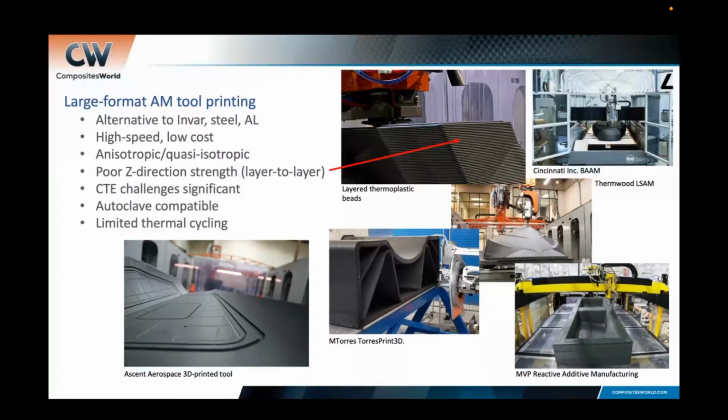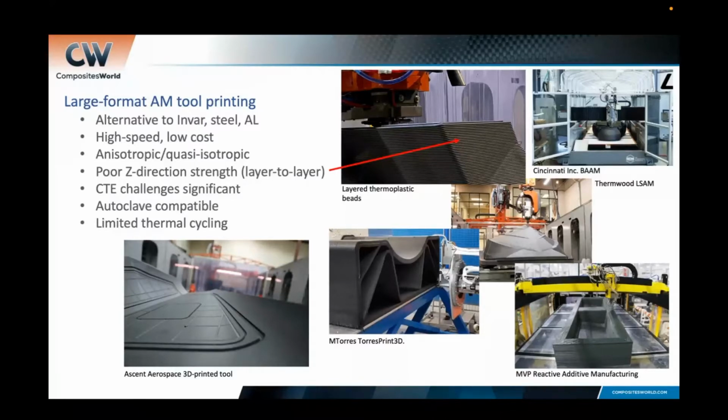It's relatively high speed. It's a low cost system, and the molds produced from this additive manufacturing process can be thermally cycled in an autoclave or an oven. Certainly not to the extent that you can with an Invar or steel mold, but the cost and the speed are significant advantages in this environment.